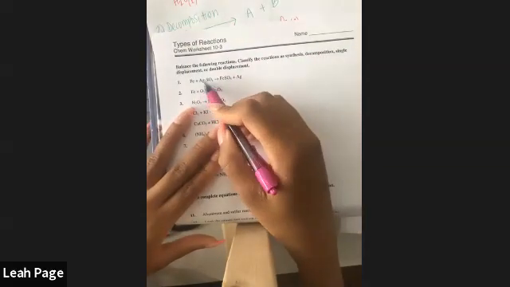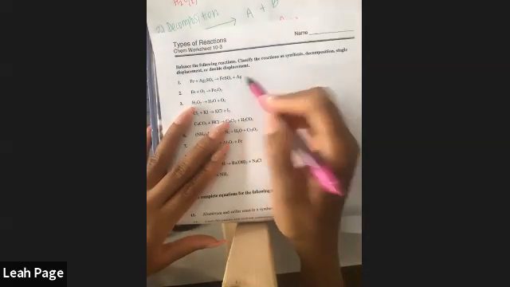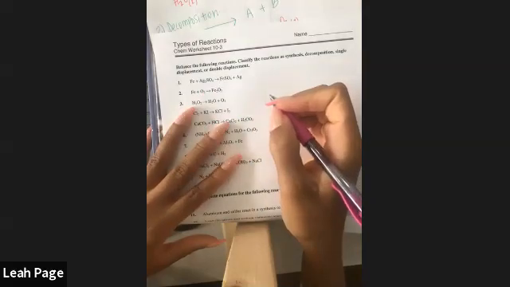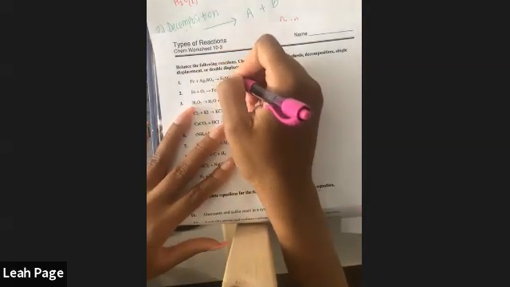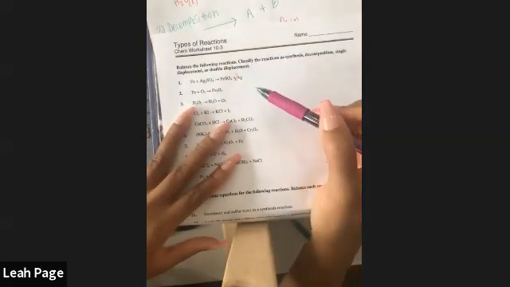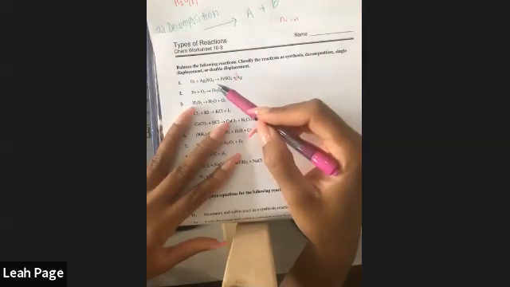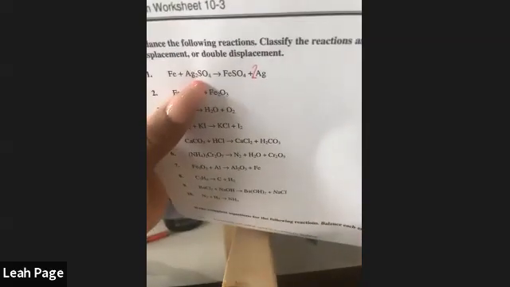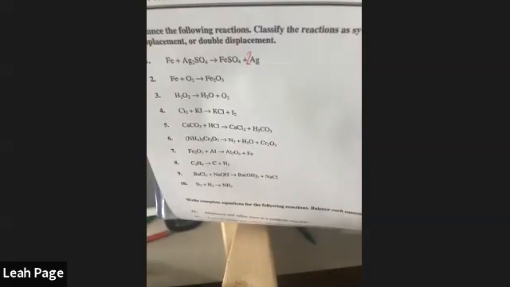I then go to my silver. I have 2 silvers. What do you guys think I need to do over here? Add a 2 in front of the Ag. So on the worksheet, it says Ag2. So on the product side, I need 2 silvers.